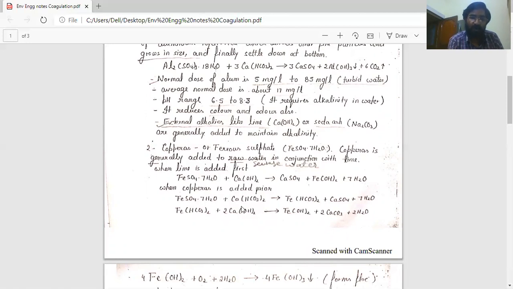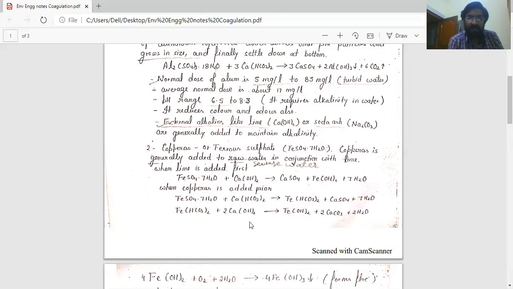When copperas is added first, it reacts with calcium bicarbonate present in water: FeSO4·7H2O plus Ca(HCO3)2, giving Fe(HCO3)2 plus CaSO4 plus 7H2O.